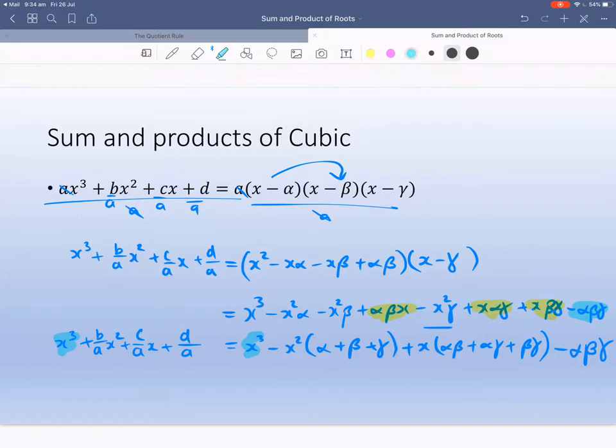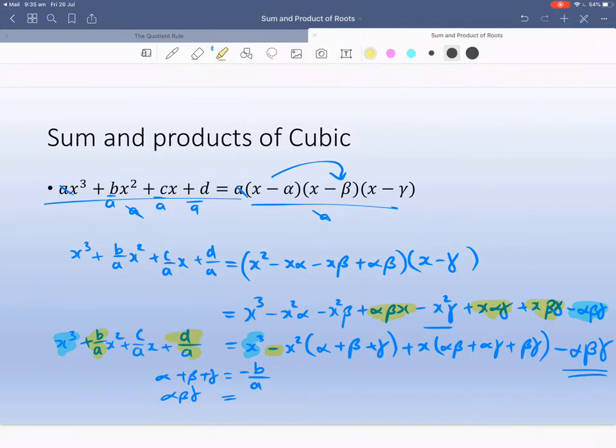But what do the x squared terms equal? Well, we get alpha plus beta plus gamma actually equals minus b over a. So the sum of the roots in the cubic equals this. What about the product, which is this one here? So alpha beta gamma equals, that's just going to be the constant.